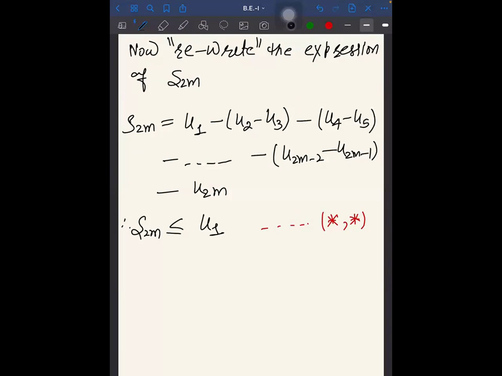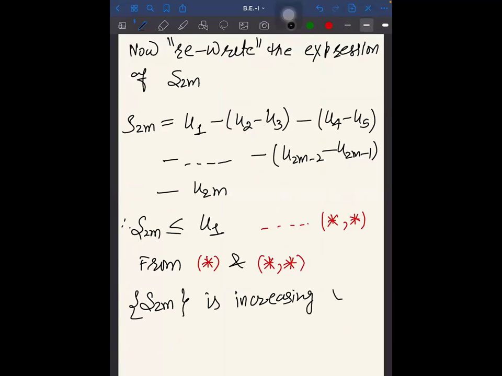So from star and double star, S2m is increasing and bounded above by U1. True?